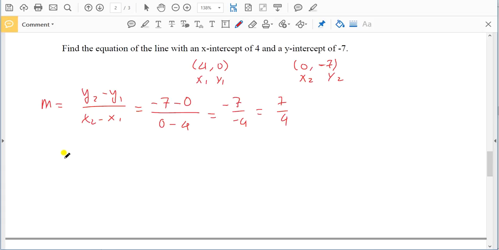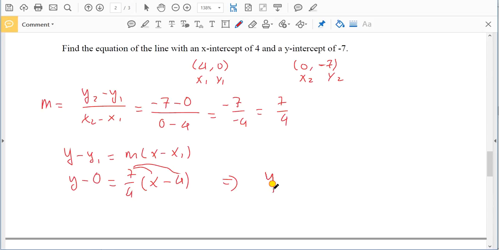Now we can use the point-slope formula y minus y1 equal m times x minus x1. Now y1 is what? It is 0, and m is 7 over 4, and x1 is 4. You distribute this to the inside here, minus 0 is nothing, so 7 over 4 x, 4 and 4 cancel, gives me minus 7.